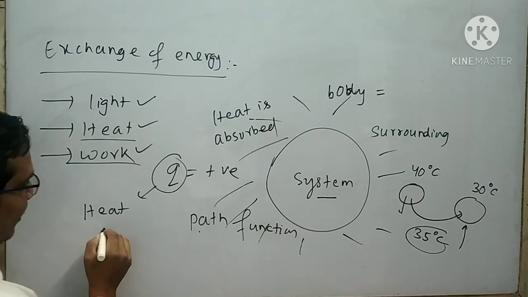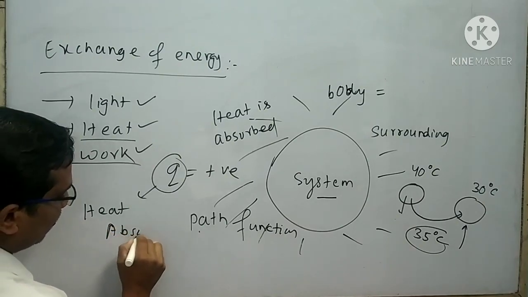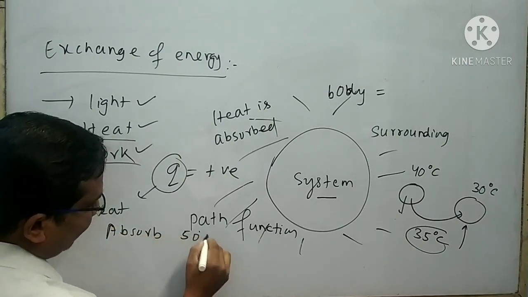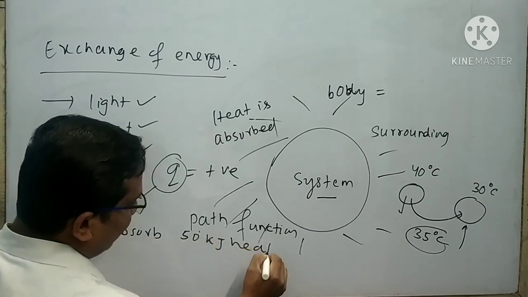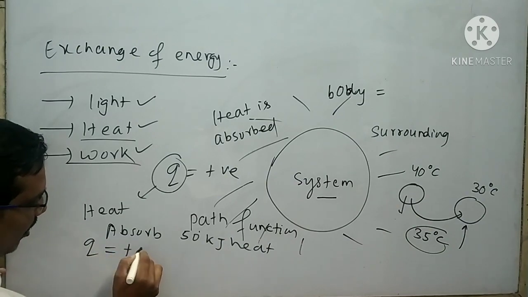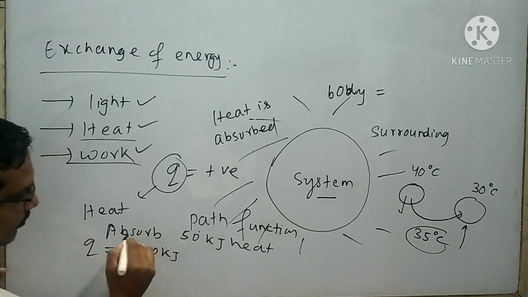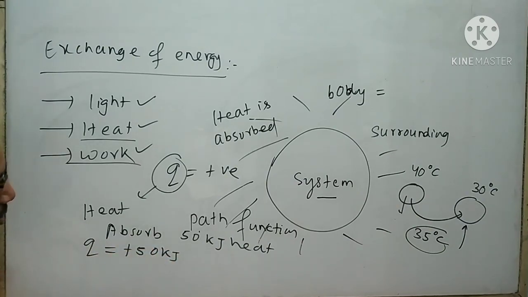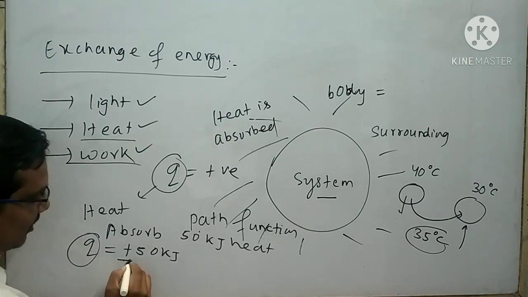Suppose a body absorbs 50 kilojoule heat, that means we can write Q equal to plus 50 kilojoule. Remember an important point, if heat is absorbed, the value of Q will be written with the help of a plus sign.